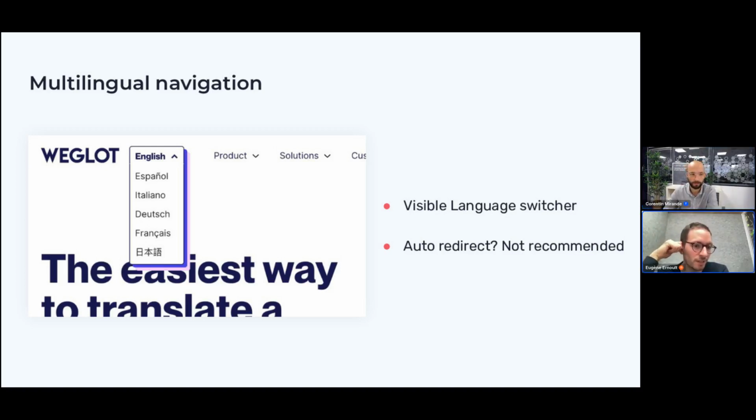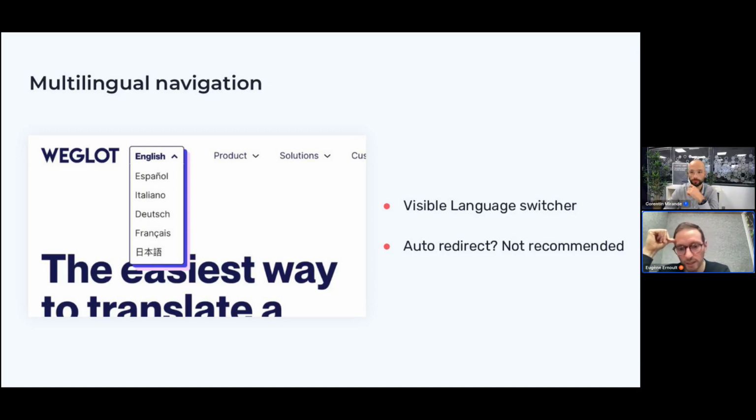Yeah. And on that, that's something Weglot provides, and we get that question often. First, have a language switcher, very visible, especially in the menu if you can, so people can switch language. If it's a language-translated version, don't put flags.